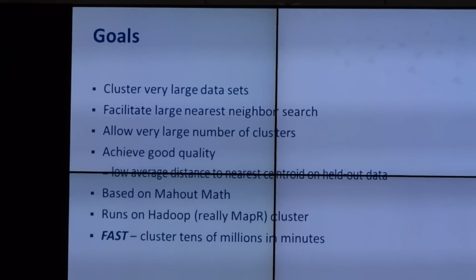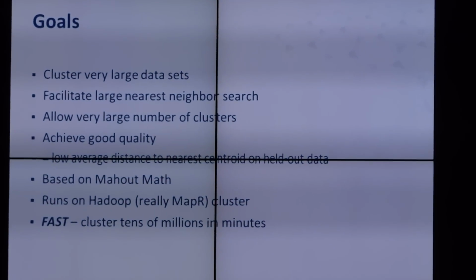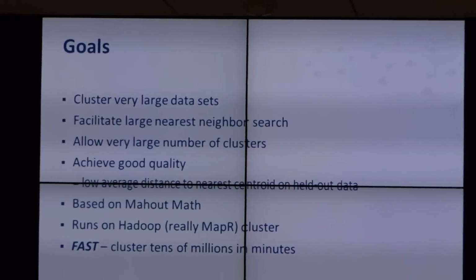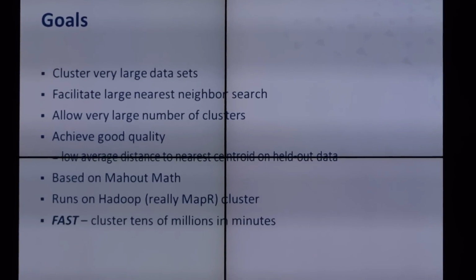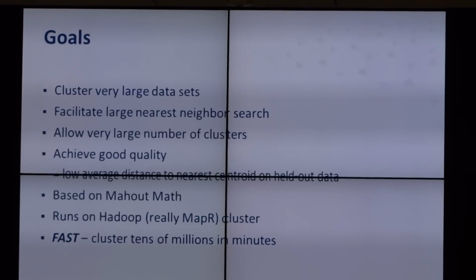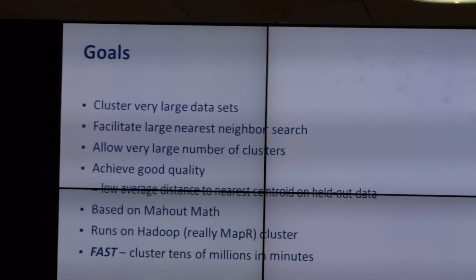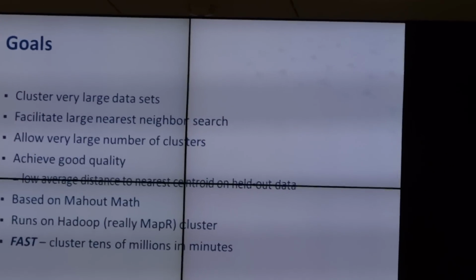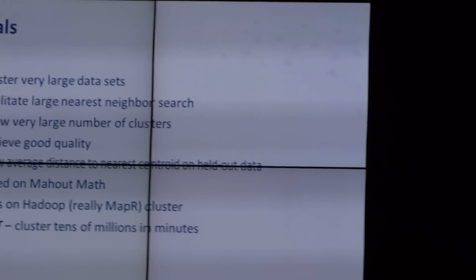We also wanted to get good quality in the sense that the clustering would generalize well, that the average distance to the nearest cluster on unseen data would be small, that it's a good quantization of the input distribution. This isn't quite what most people think of when they say clustering.